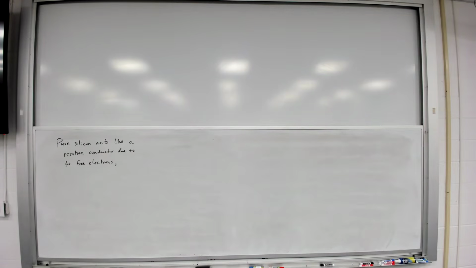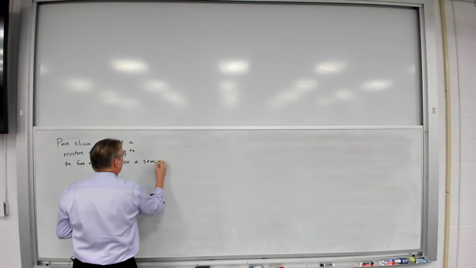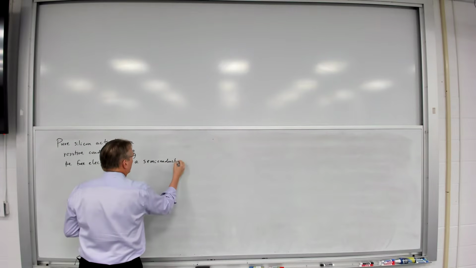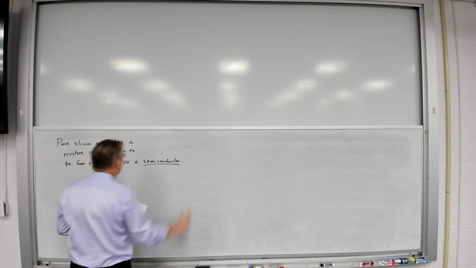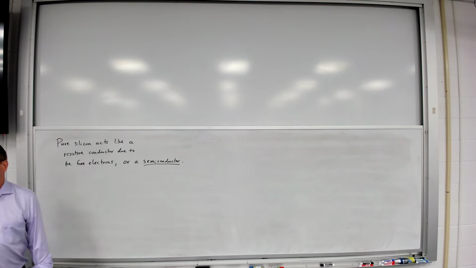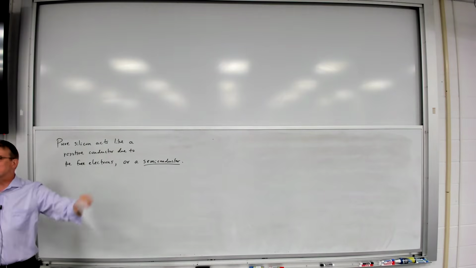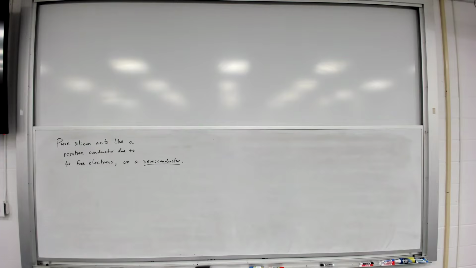We have a name for that. We say it's a semiconductor. So when you have something that acts like a very poor conductor, but it does conduct some. It's not an insulator. It's not a conductor. It's not like metal. Metal's a really good conductor because there are huge numbers of free electrons in metal. But in silicon, there will be some, not a whole lot, and so it'll be a semiconductor.